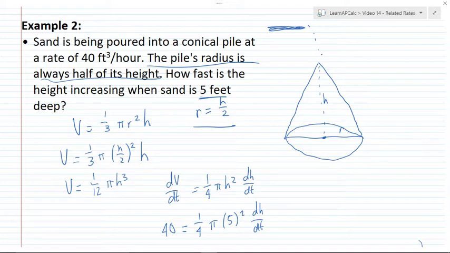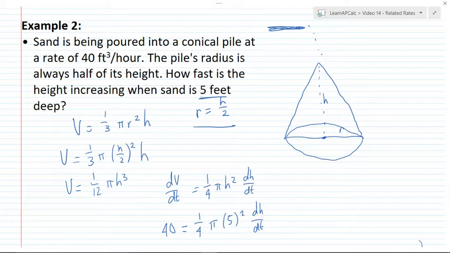It's also a giveaway if you have 3 variables and you're only given 1 rate of change. That's also a signal that you need to solve for 1 variable before you take a derivative.